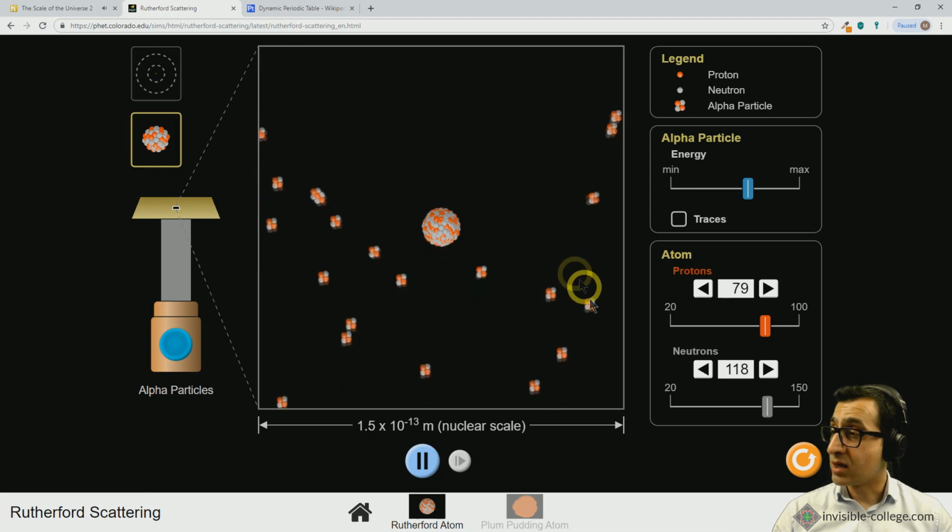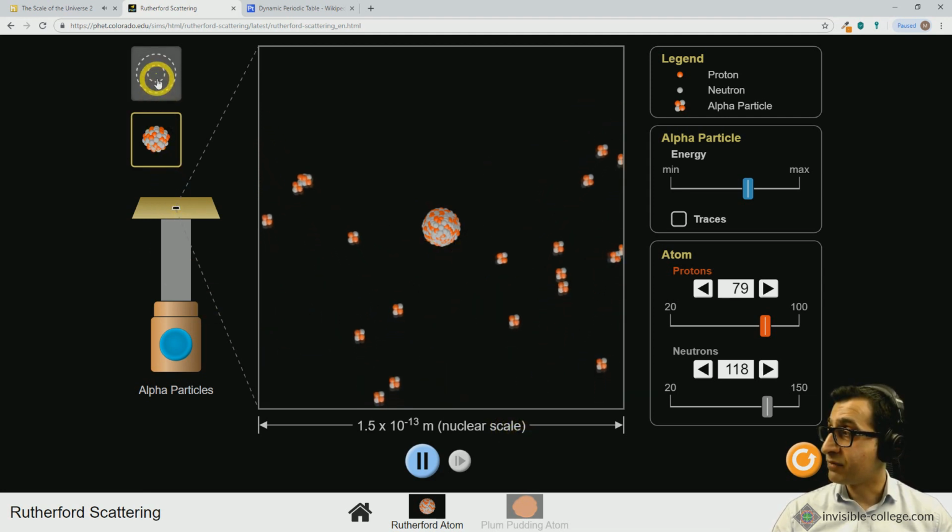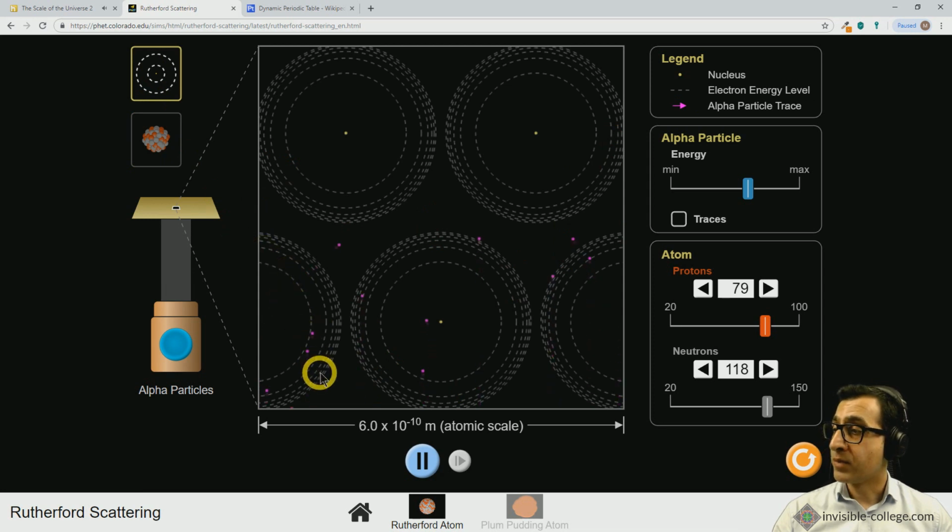The further away they are, the less deflection they will experience as they move through that very thin gold film. And so Rutherford's model of the atom was intended to explain why the alpha particles didn't all just pass through the atom, but that they were deflected at these various angles, and some of them were even reflected backwards away from the gold film as well.